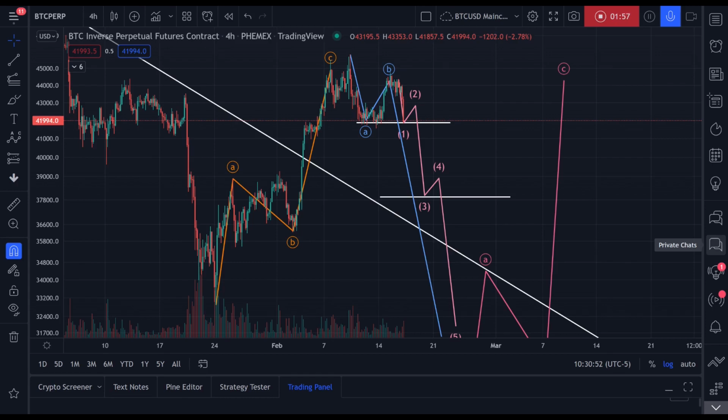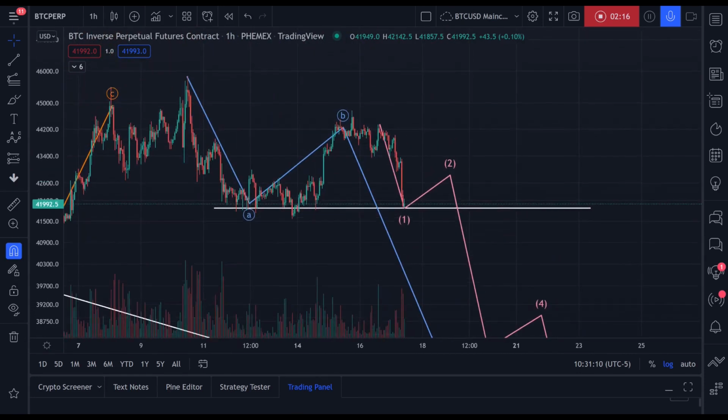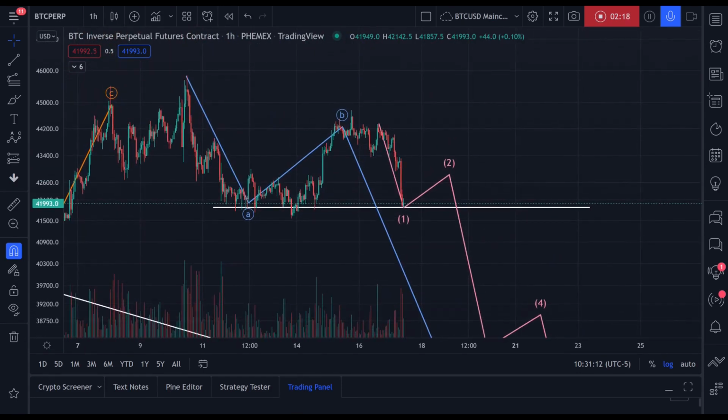Now, sometimes we do have fun and play around and do time predictions, and we said we would get a dump at 3 p.m., and yesterday was February 16th, and approximately 3 p.m. was right here. Okay, let's zoom in, actually. Let's go on the hourly time frame just to see. This is all just for fun, right?